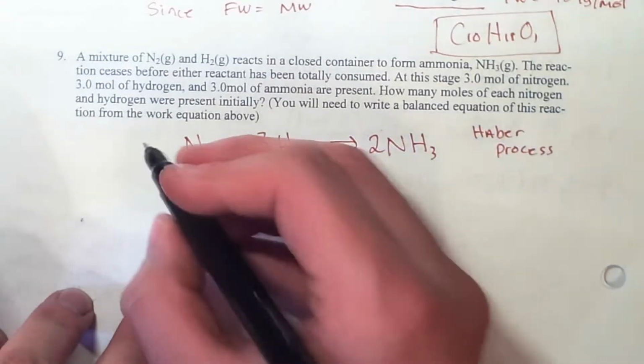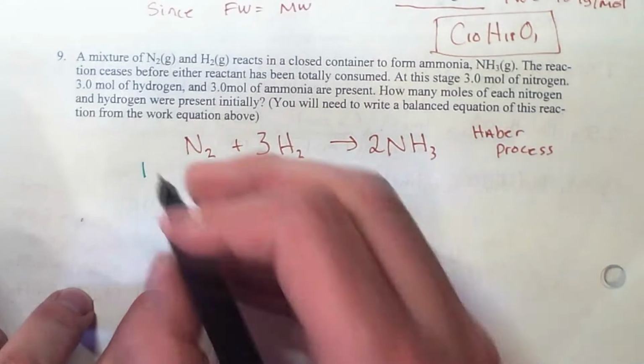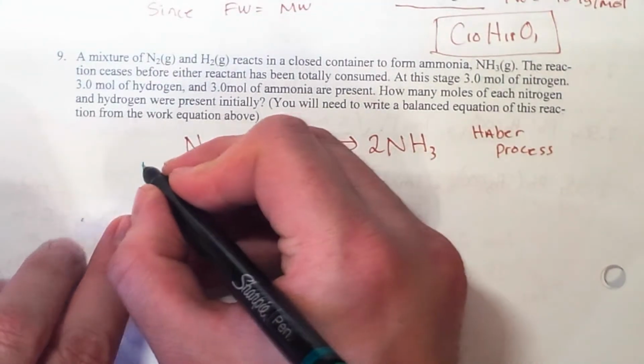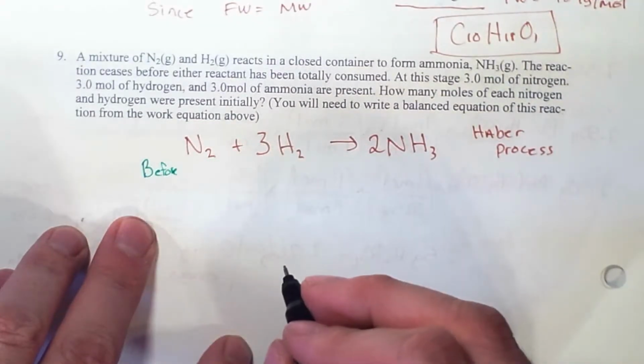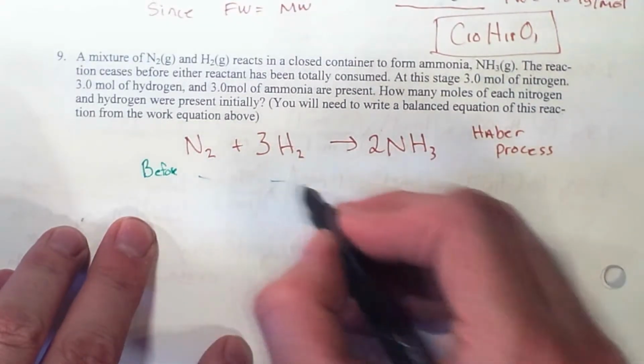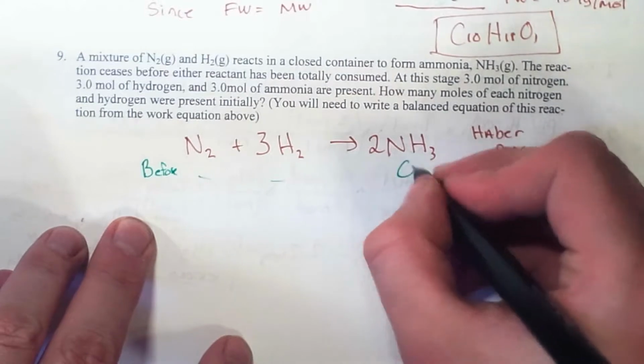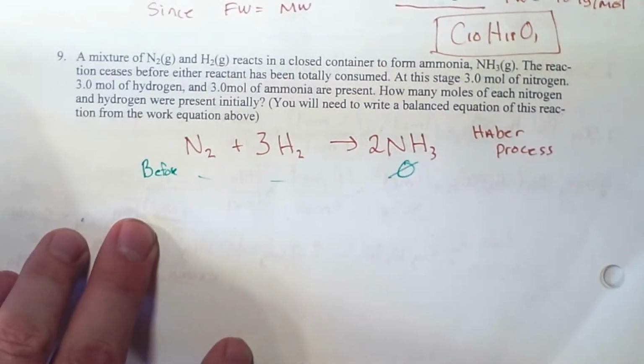So we can do this out with our initial amount. Before we do anything, we don't know how much of this there is, but let's assume that there is no ammonia. The reaction ceased before anything happened.